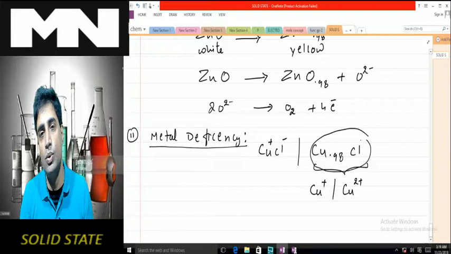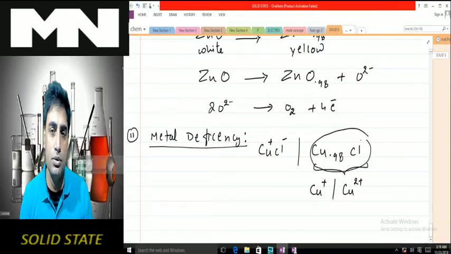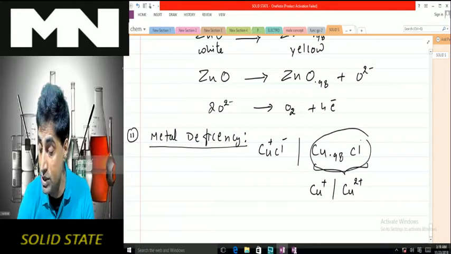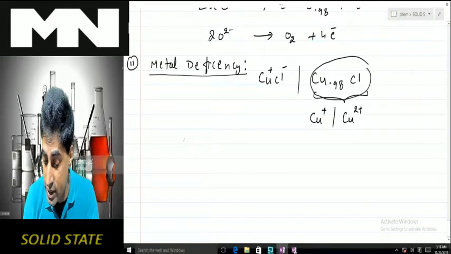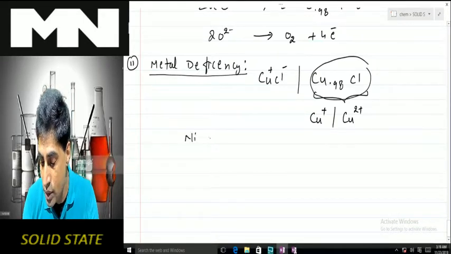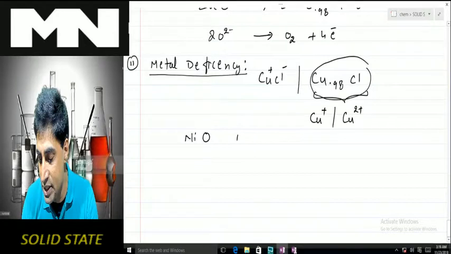Any metal which can exhibit more than one oxidation state can show this type of imperfection, like cuprous and cupric. I can talk about nickel oxide, because nickel exists in two oxidation states, Ni2 positive and Ni3 positive.